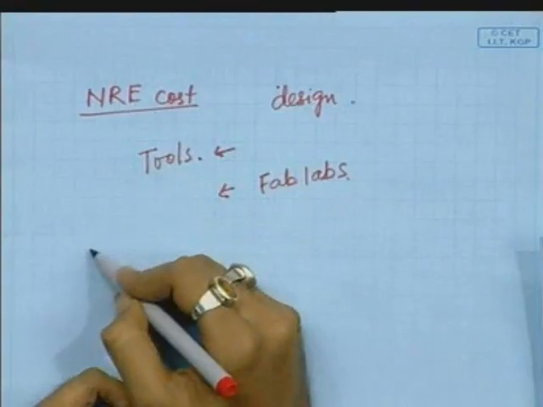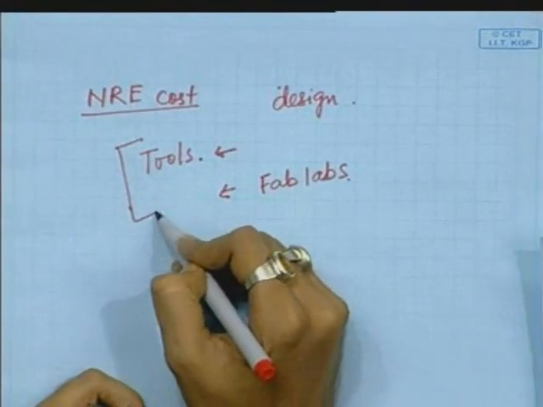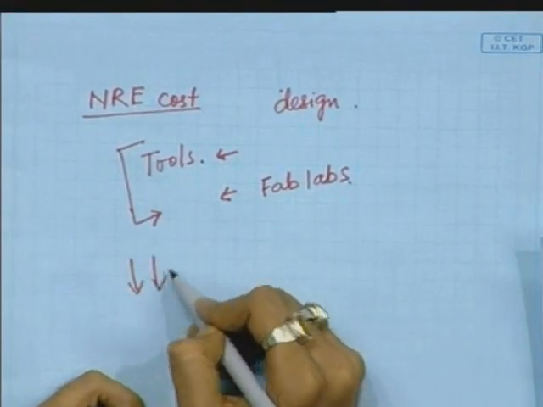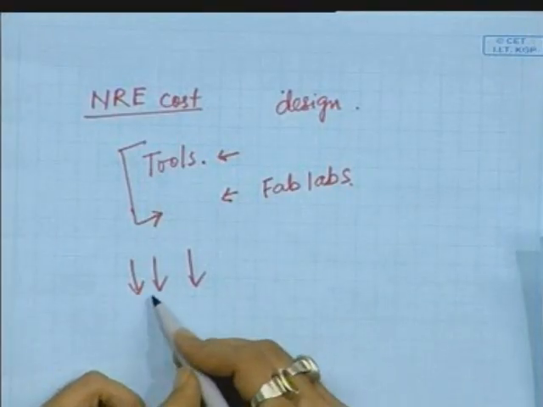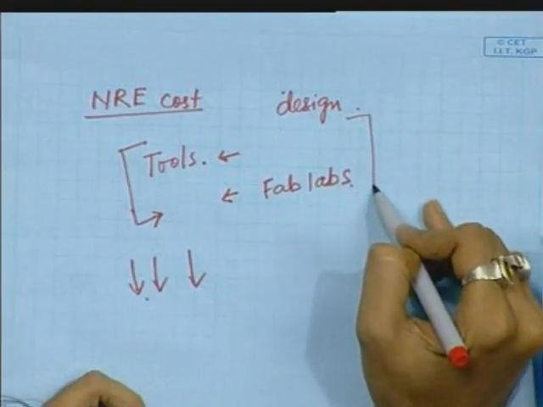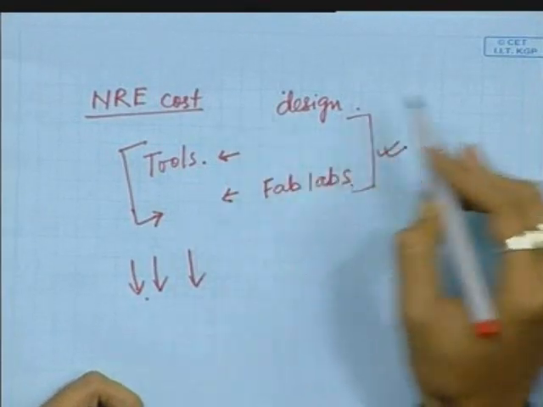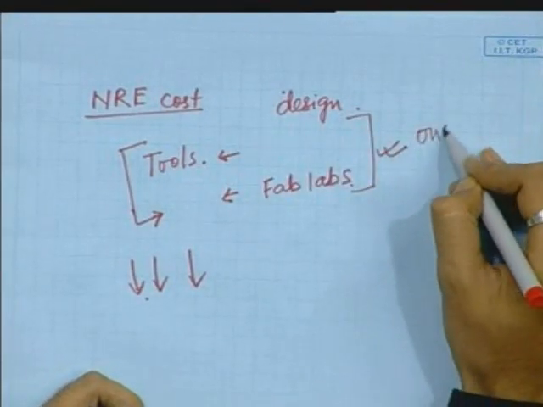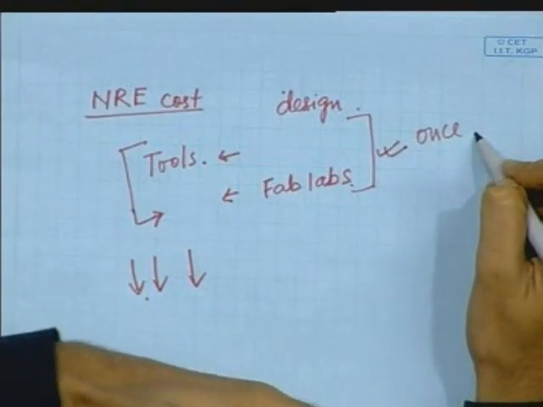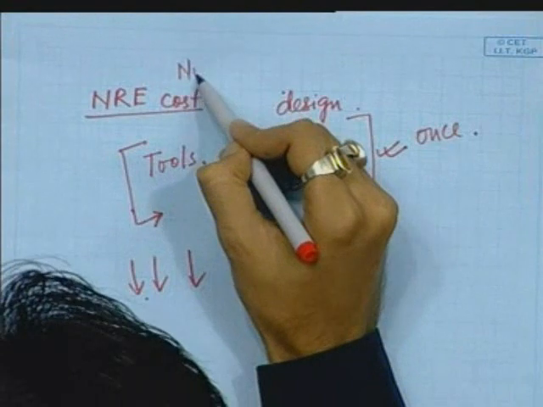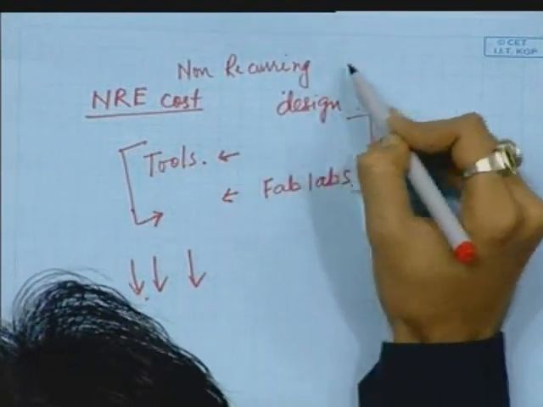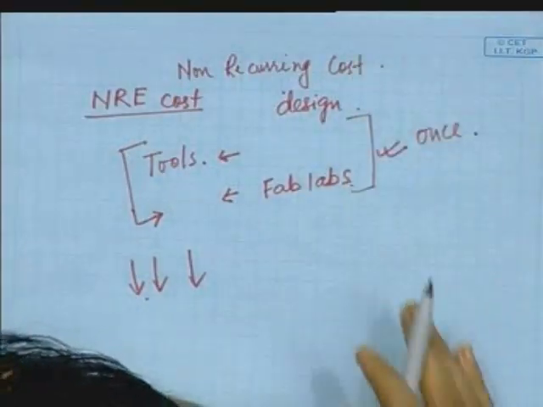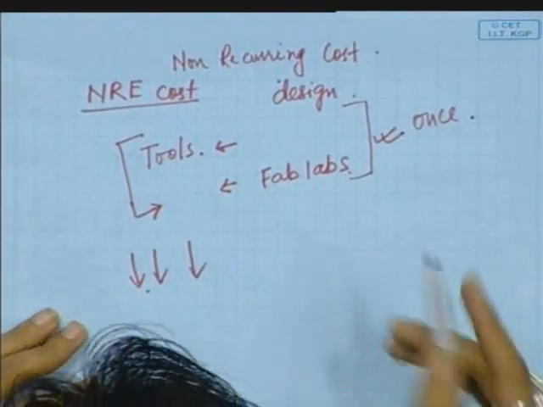Once you have these, you can tape out your logic, your chips. These costs, which are required only once at the initial stage of the design, are called the NRE cost, that is, non-recurring cost, right?